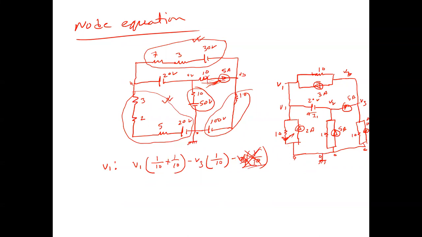Clear? If this node were V4, then we would use V4 1/10. No problem, you can use 0 into 1/10. Okay, clear?